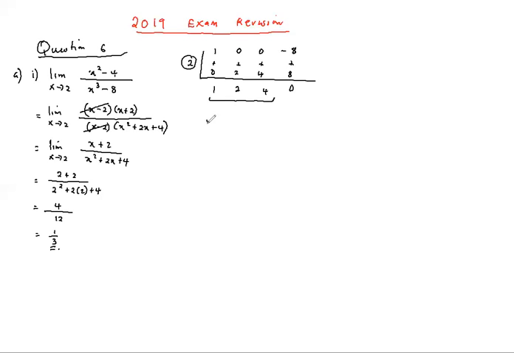Then the second one, the limit as x goes to infinity, and you have 3x cubed plus 5 over 5 minus x squared minus 3x cubed.